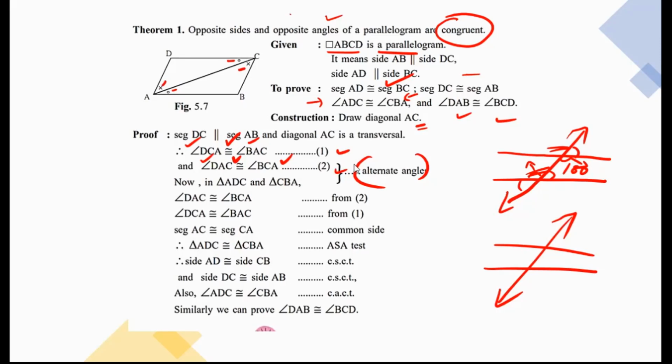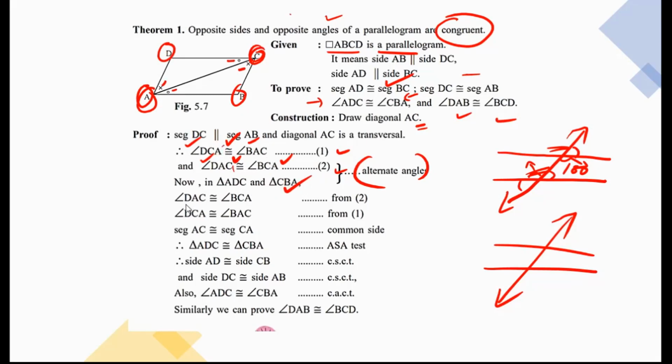Okay, from that, in the case of triangle ADC and CBA, if you consider ADC as a triangle and CBA as another triangle, like this. In that case, from the above explanation, what did we write? We wrote that these angles are congruent.